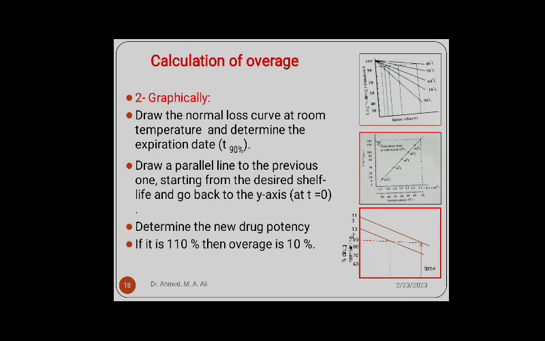We can calculate overage graphically by drawing the normal loss curve at room temperature and determining the expiration date T 90%. Draw a parallel line to the previous one starting from the desired shelf life and go back to the y-axis. Determine the new drug potency, if it is 110 and the overage is 10%.